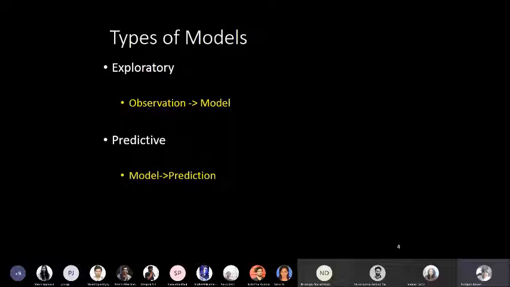As we go into subsequent user models, we will look at both aspects, and it is not like we can classify all models in one category, because sometimes the model can be used for both purposes. That means to explain observation and also to predict, and that will be an ideal model which we can use for both purposes. But in reality, we'll see that each model, although they aim to do both, practically is used for one of the two purposes.